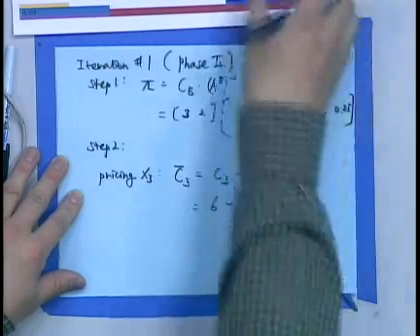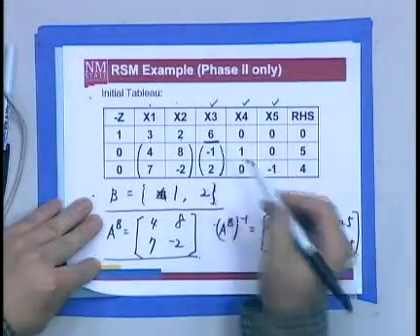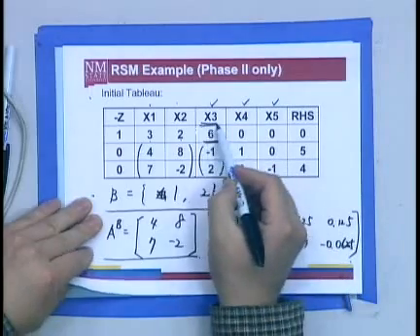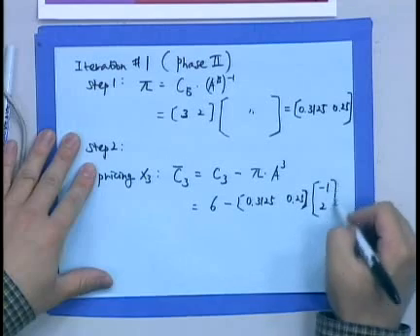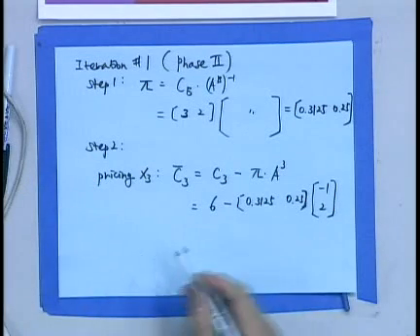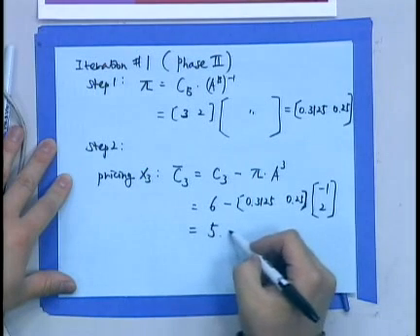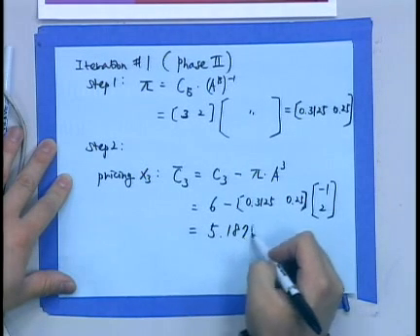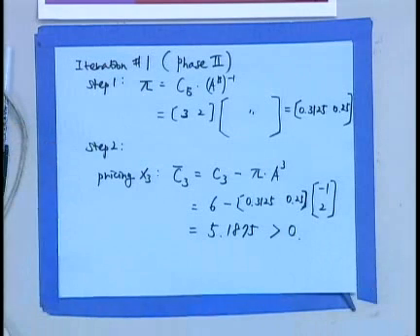What is A3? That is the constraint coefficient corresponding to the x3 variable, which is negative 1, 2. And this value is 5.1875, which is positive.